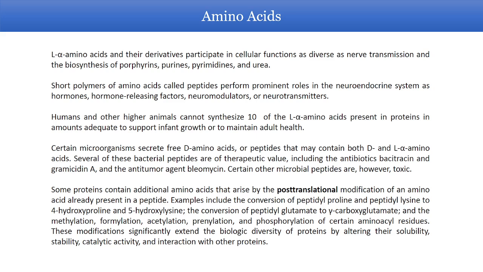Now, these modifications may or may not have a biological value, but they can add to an increase in solubility, stability, catalytic ability, and interaction with other proteins. For example, in a natural state, a lysine or a proline may be involved in a certain kind of protein-protein interaction, but they do not show very high solubility or stability.